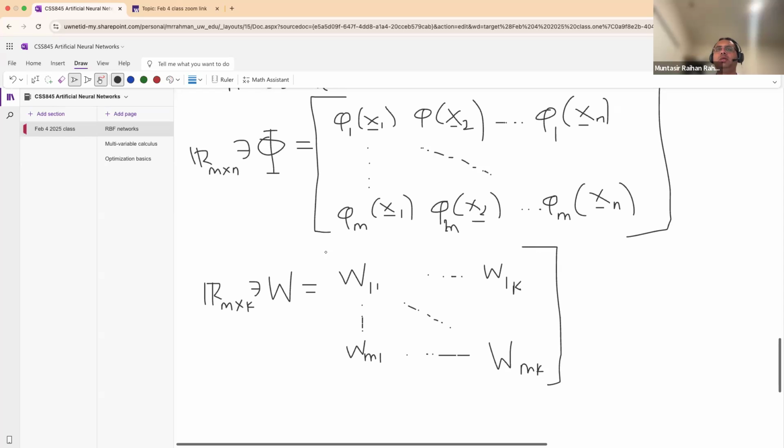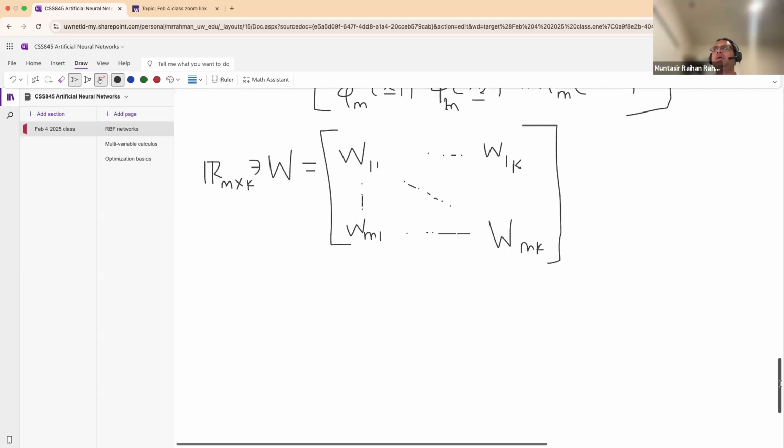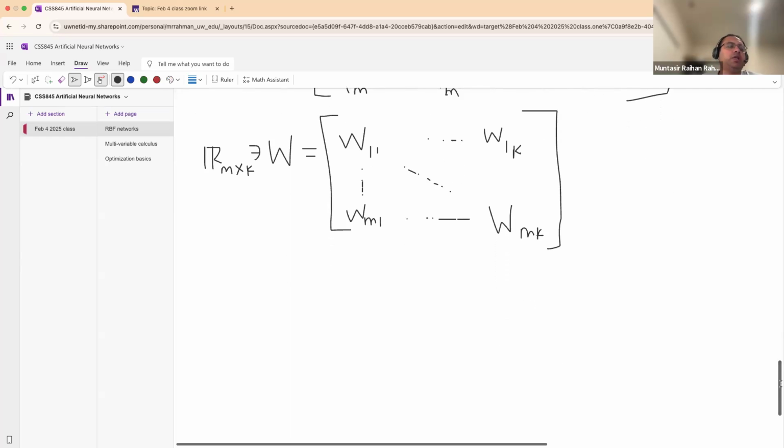This dimension should be easy to understand. Okay, we are doing pretty badly with time, but let me try to finish this. We might have to do some follow-up later on.